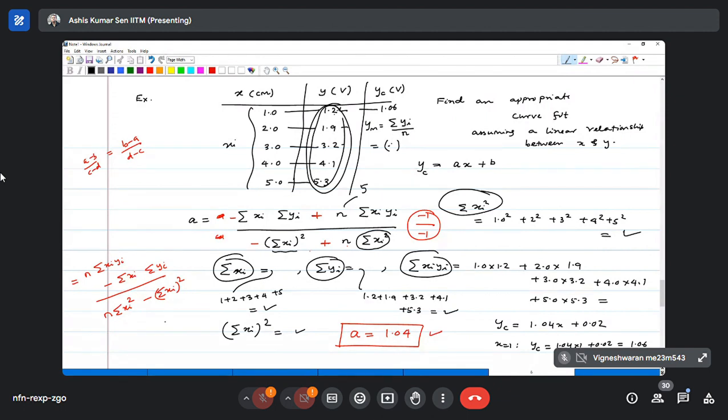Similarly, if x equal to 5, your yc is 1.04 into 5 plus 0.02. So that is basically 5.2 plus 0.02. So you get 5.22. So these are basically your yci. For each you can calculate.